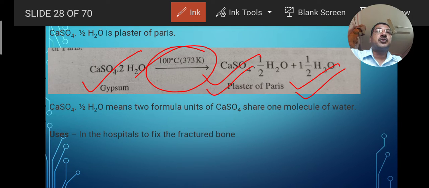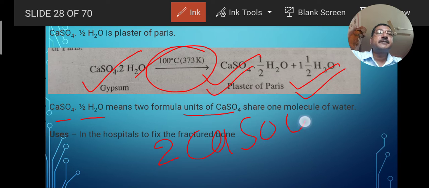One more thing you should know: CaSO4 into half H2O means 2 formula units of calcium sulfate share 1 molecule of water. That is known as CaSO4 into half H2O. Half H2O is present along with 1 formula unit of calcium sulfate. If you take 2 units of calcium sulfate and only 1 molecule of water, then how much water will 1 unit of calcium sulfate have?